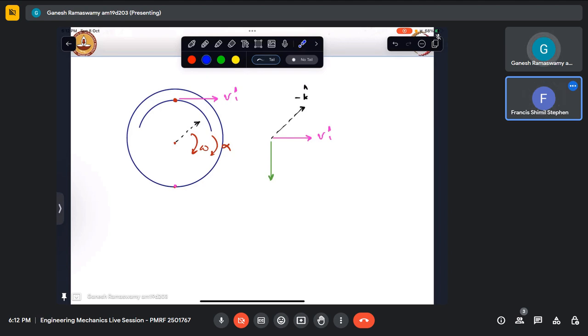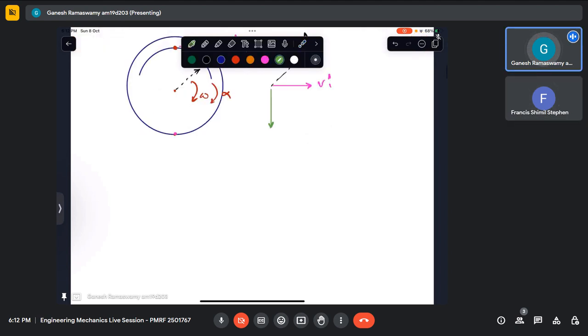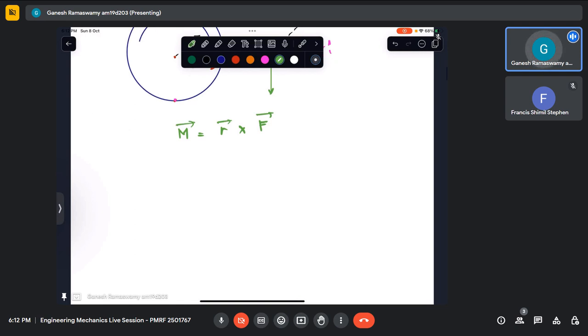The first vector. Oh, okay. That is the question. So if let us say the moment vector is r cross f, so our fingers will be pointing here and rotate the fingers towards f.